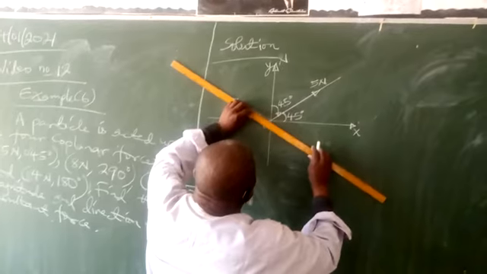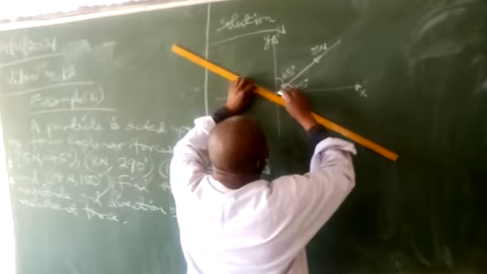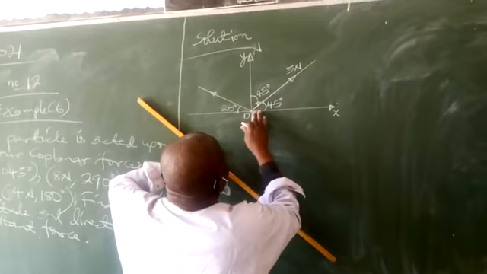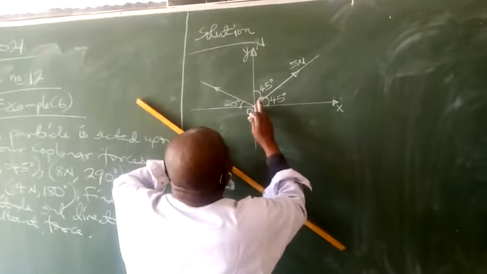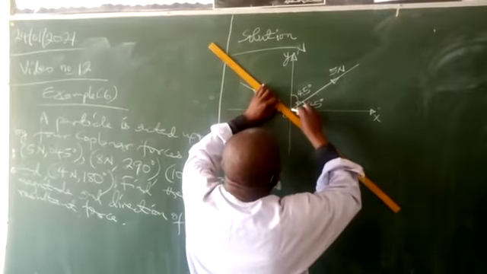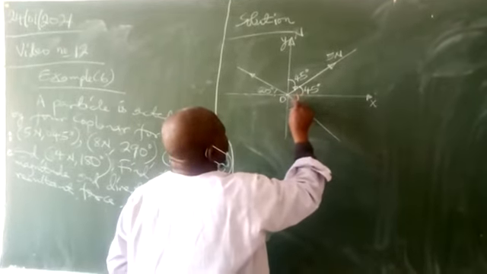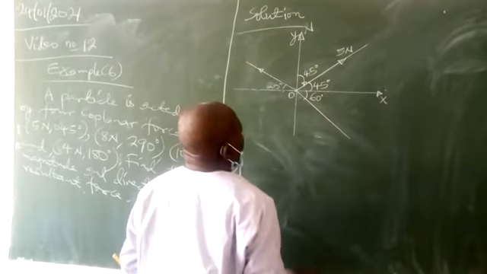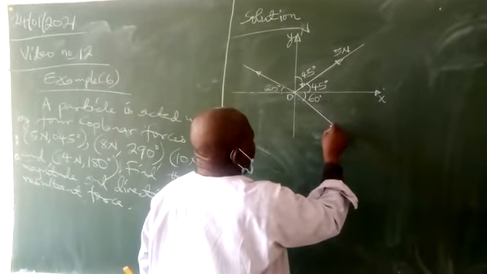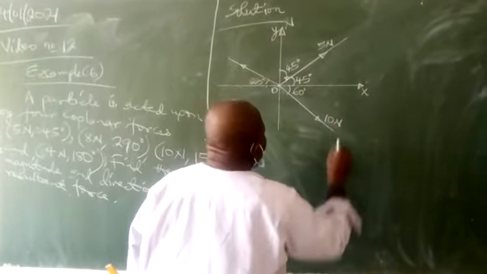So this force will be at an angle of 60 degrees to the horizontal. That is that force of 10 Newton.